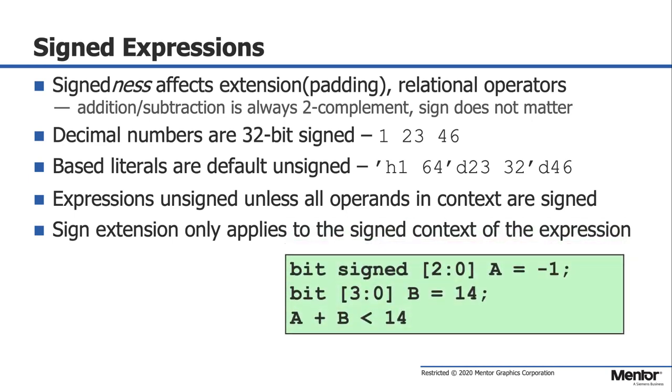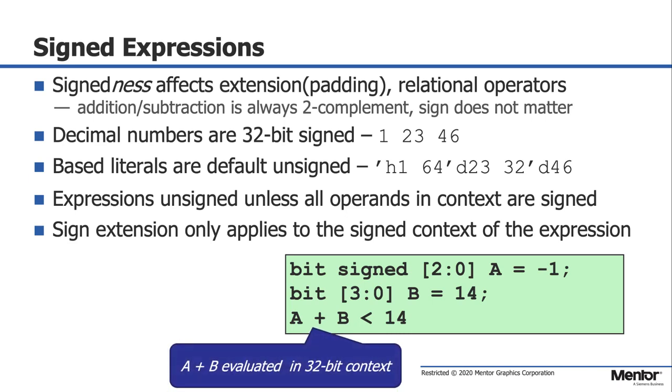So let's take an example of this. Here we have 2 variables, A, which is signed 3 bits wide, and an unsigned variable B, which is 4 bits. So in this expression, we have a 3-bit variable A plus a 4-bit variable B compared with the 32-bit value 14.